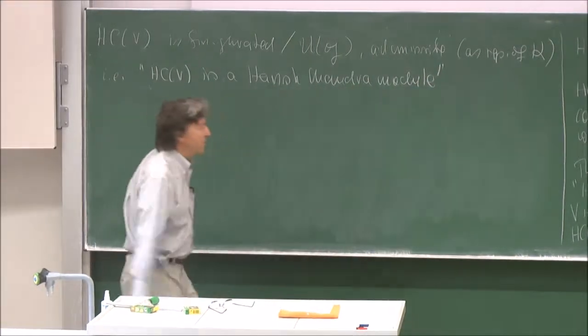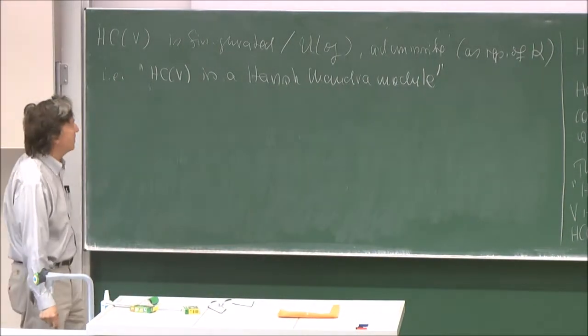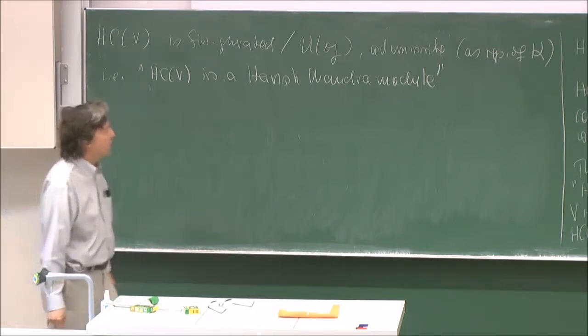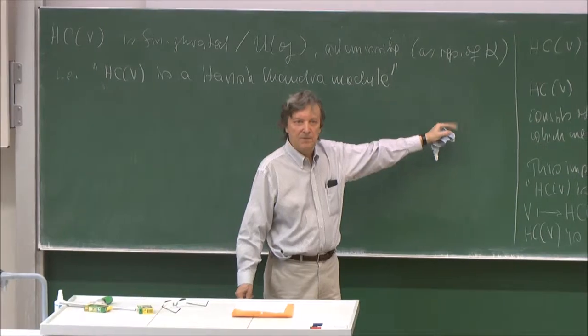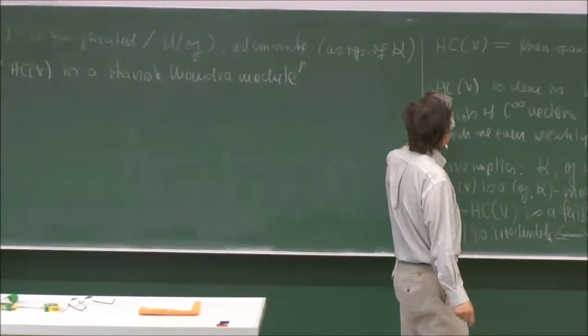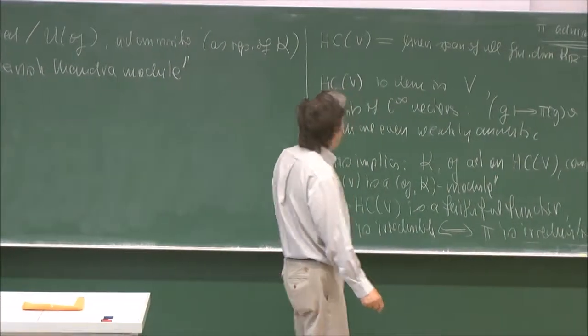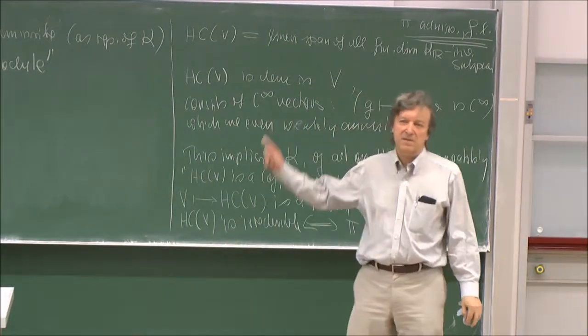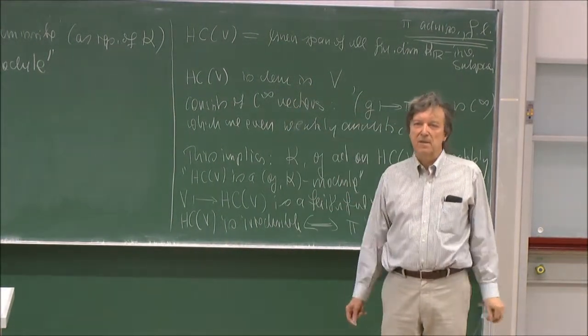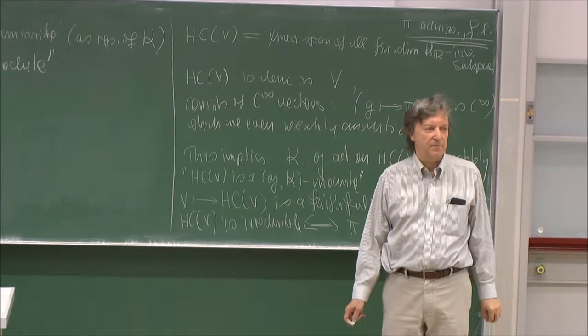So a Harish-Chandra module is a (g,K) module finitely generated over U of g, which is admissible as a K module. And so Harish-Chandra is a functor from representations which are admissible of finite length on such topological vector spaces to the category of Harish-Chandra modules.